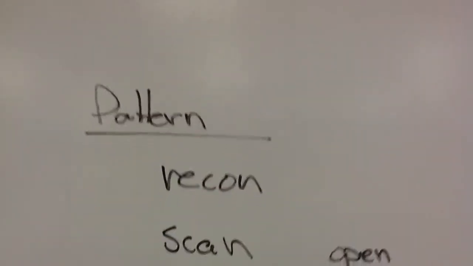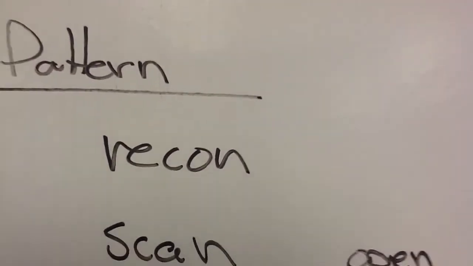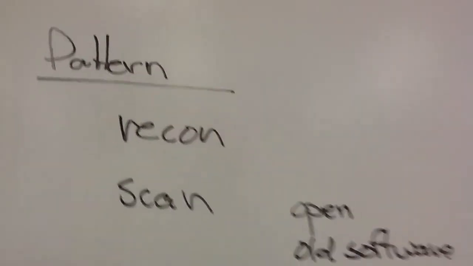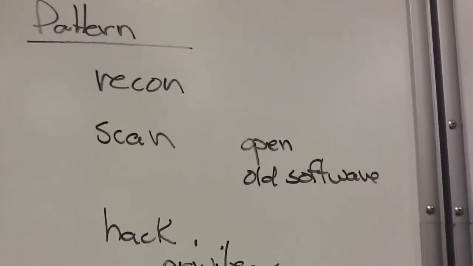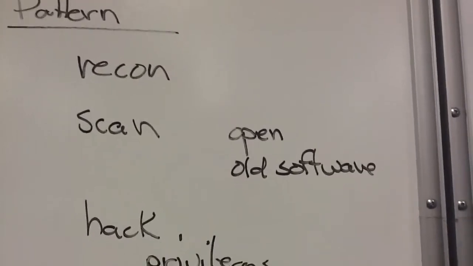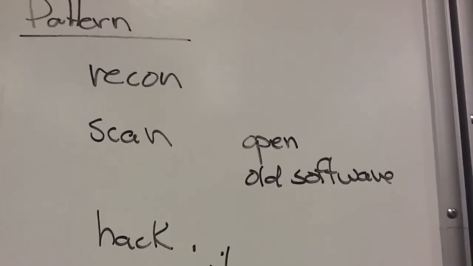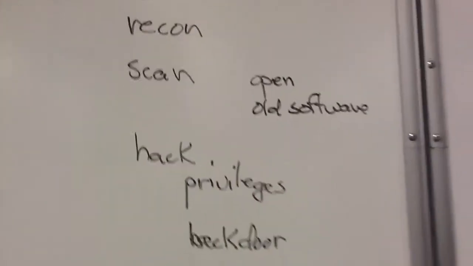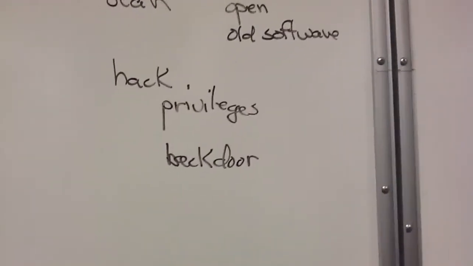The pattern, hackers, just as one example, they do reconnaissance. We're going to look at that a little more in depth as the year finishes up. Then they find places to scan. They scan and look for open ports, look for old software that has vulnerabilities. They hack in. Then they try to escalate their privileges.